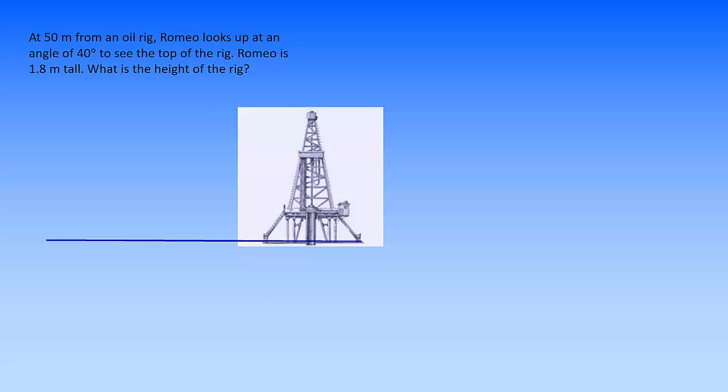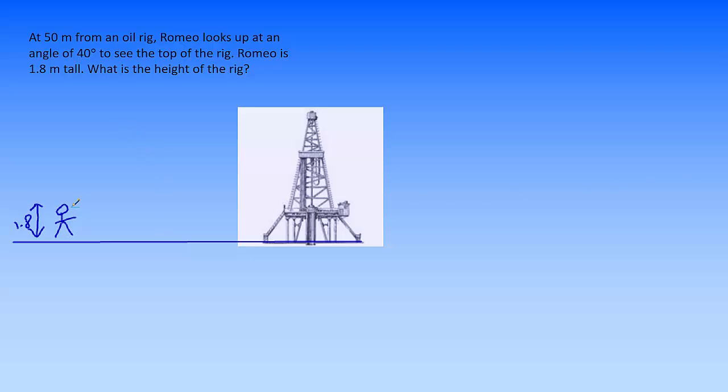So if we consider level ground like this, we'll have Romeo standing here, and we know that Romeo is 1.8 meters tall, and he looks up at an angle of 40 degrees.